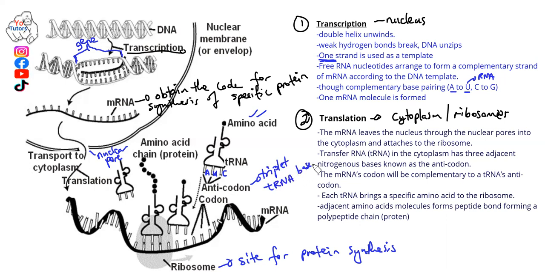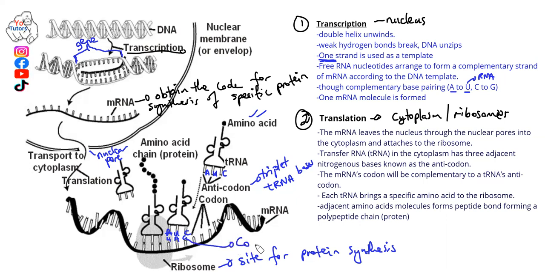The complementary bases for the anticodon are called the codon. So if we have A, U, C here, then here we have U, A, G. This UAG we call the codon.